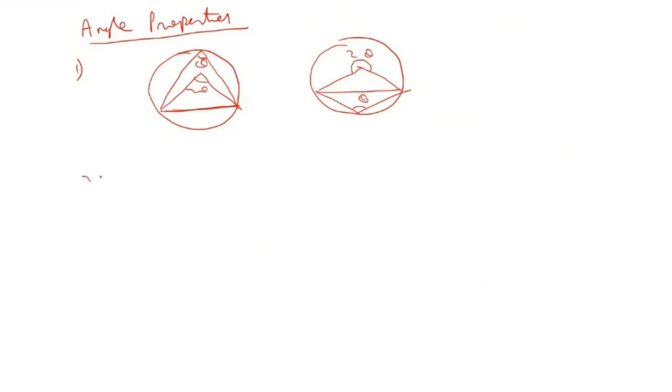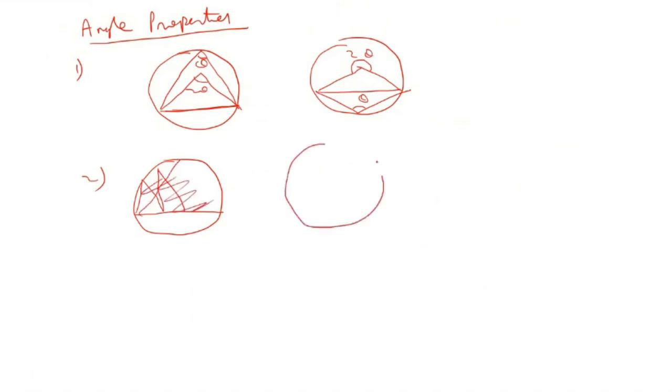Then the second property is angles in the same segment are equal. As we just mentioned, one chord can form infinite angles, here, here, here, anywhere. Let's say it subtends one angle here, one angle here, one angle here.